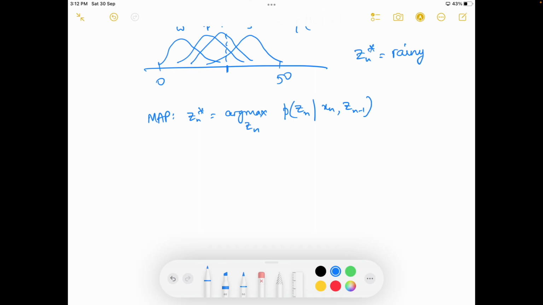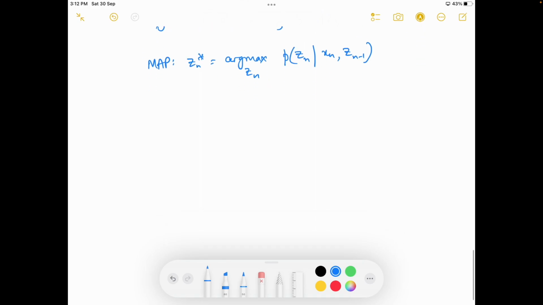Now we have to use HMM to estimate this quantity. Can you use HMM to express this quantity in terms of known HMM quantities? Yes. What is that?